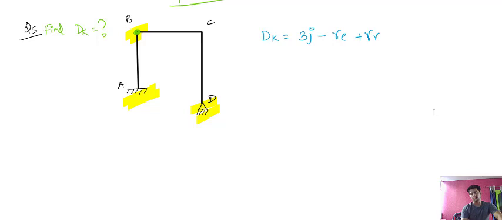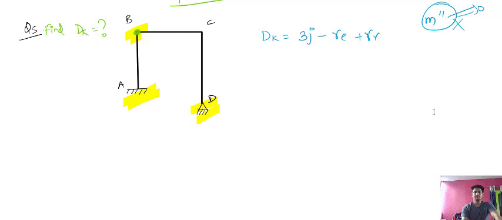In this numerical it is not mentioned that any member is axially rigid, so I have not taken m double dash here. I have directly taken it as 0, as it is not mentioned that any of the members is axially rigid.